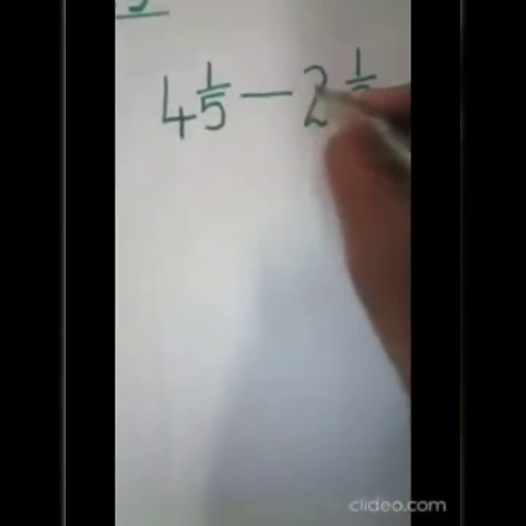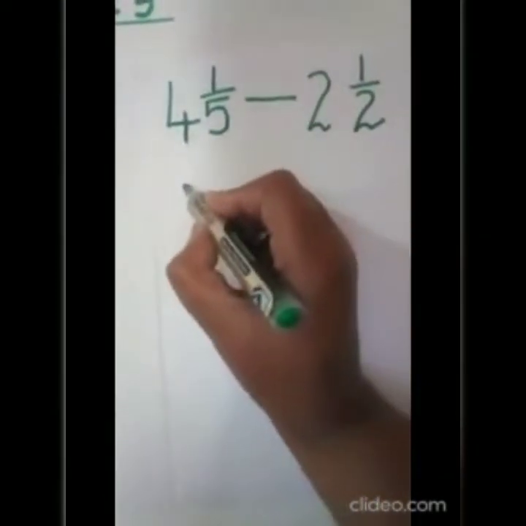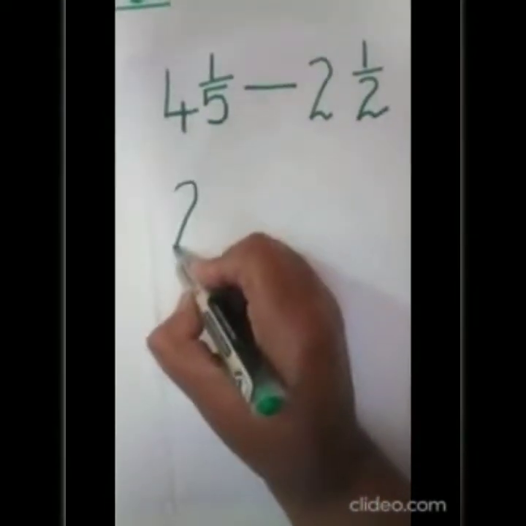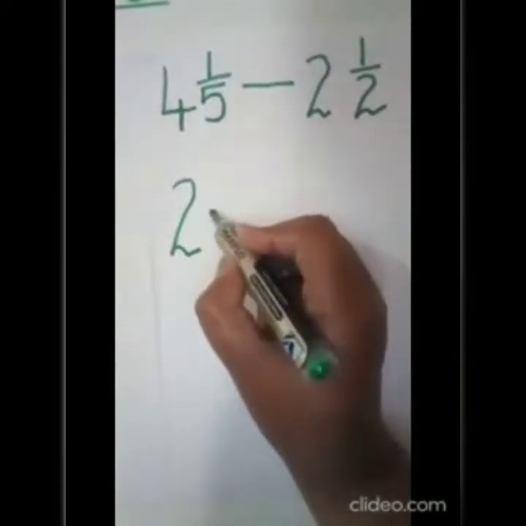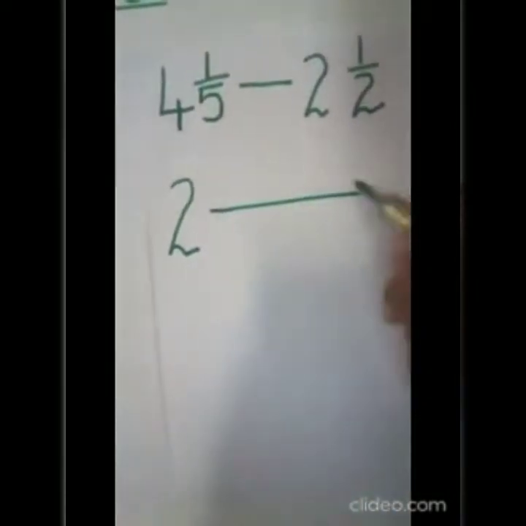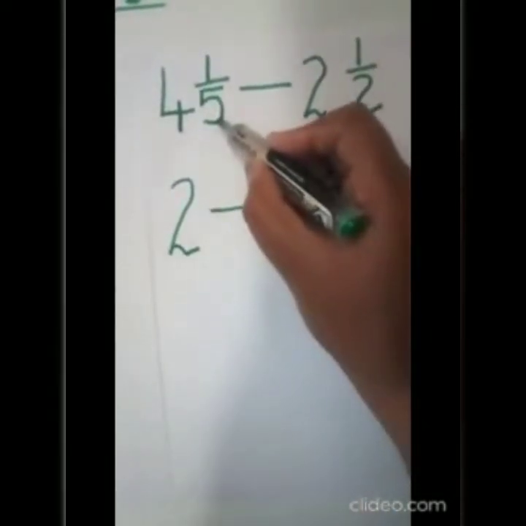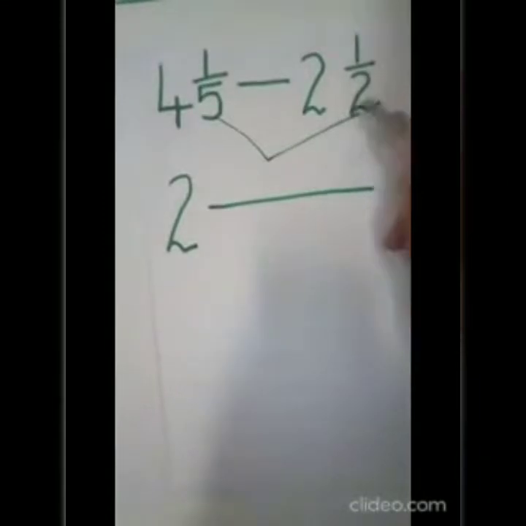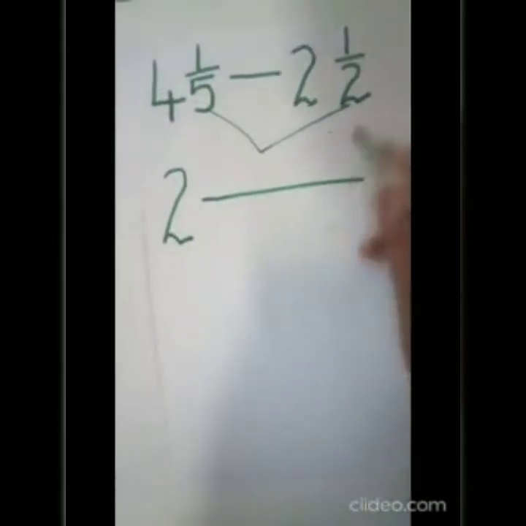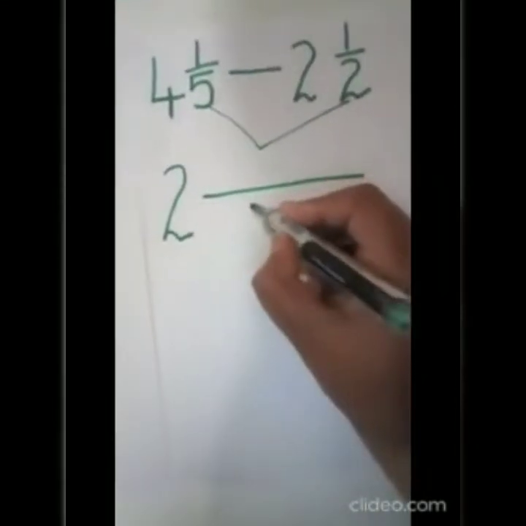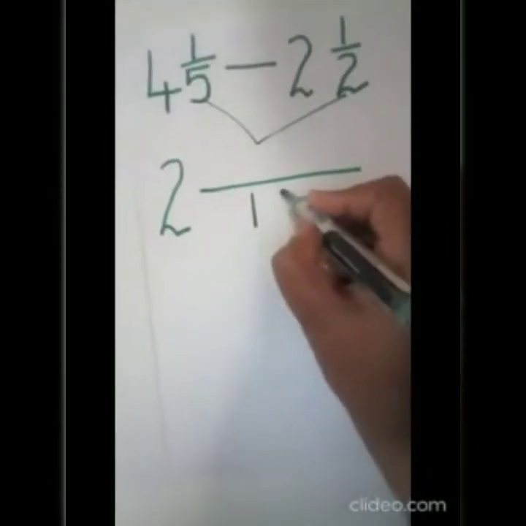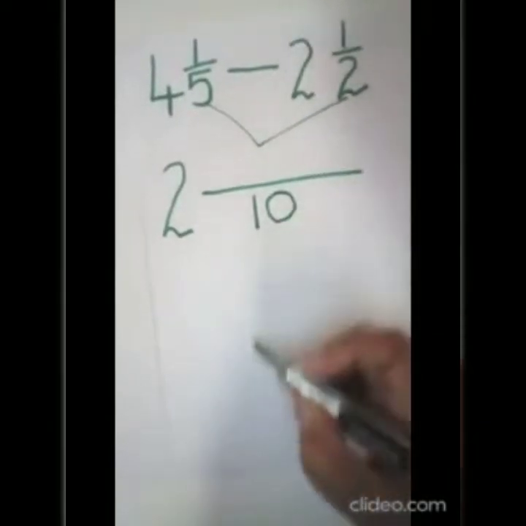We say 4 minus 2, we get our 2. That's our whole number. Then we draw our line. Then we find the LCM for 5 and 2, or the common denominator. In this case, it is 10. We write our 10 here. This will be our denominator.